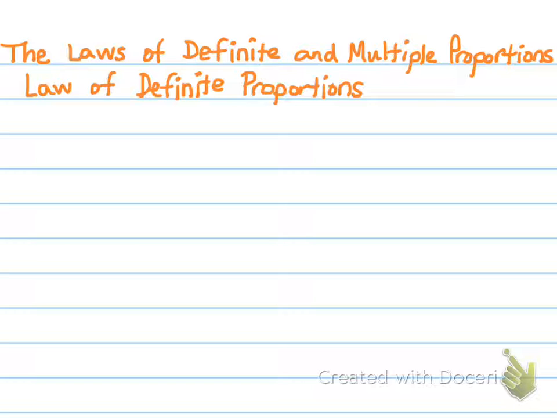All right, the last thing in this section is about the laws of definite and multiple proportions. We don't spend a lot of time on this, but it is nice to know what these are.